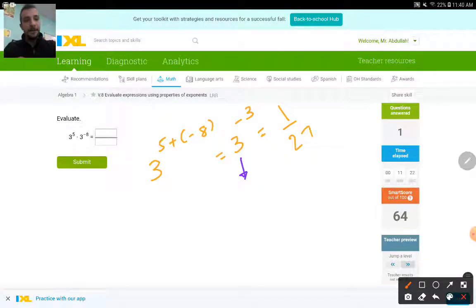Put a 1 at the top, just like we have here for 1 over 27. Do 1 over, and then get rid of the negative for that exponent, just for the power. Keep the base the same: 3 to the power of not negative 3 anymore, it becomes positive 3. That's another property of exponents. If you have a negative exponent, you can flip it and then change the sign of the power. And then 3 cubed equals 27, because it means multiply 3 by itself 3 times.